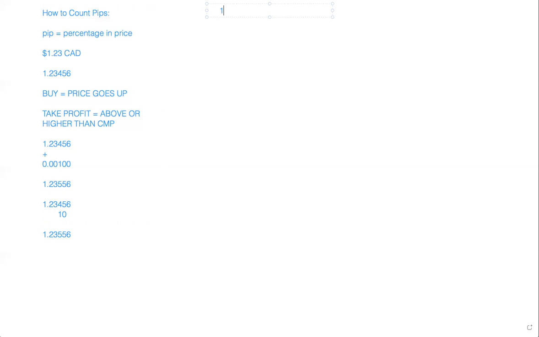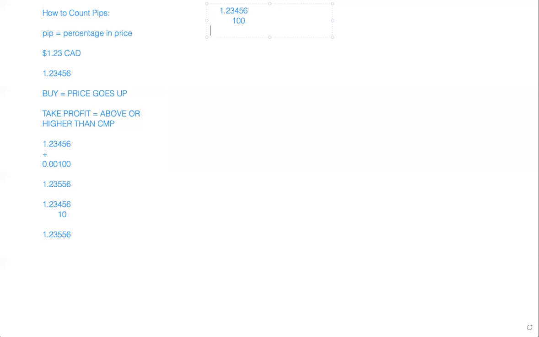So again, if we had 1.23456, and let's say this time we wanted to increase that by 100 pips, well, in that case, we would need to line up the 100 so that it is under the 3 and the 4 and the 5. And again, we just virtually ignore the 6.